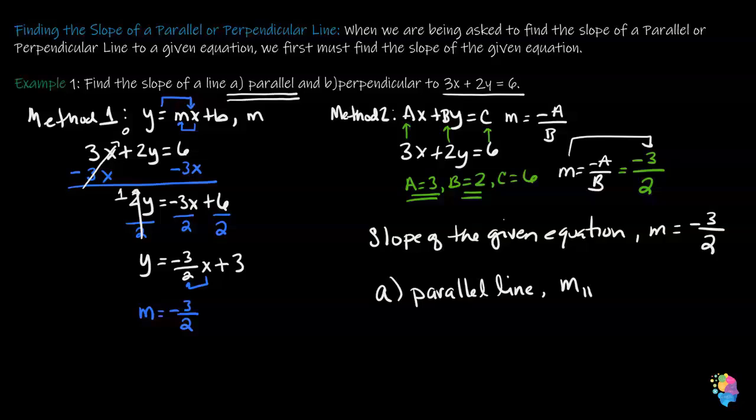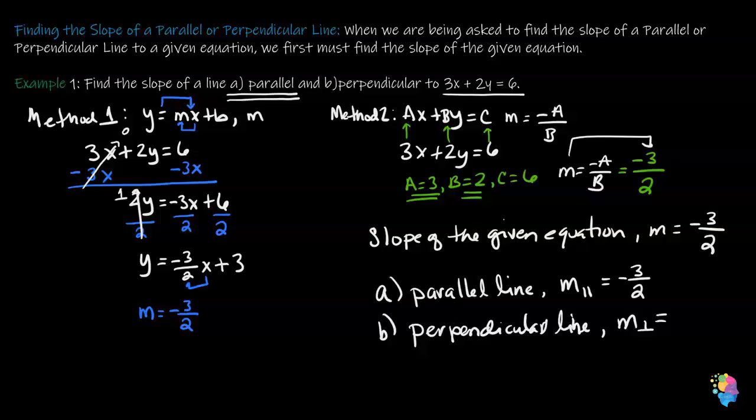So since parallel lines have the same slope, the slope will remain the same as the given equation. Now, if you want the slope of the perpendicular line, let me write that. The slope of a perpendicular line is denoted by an upside down T. That means the slope of the perpendicular.